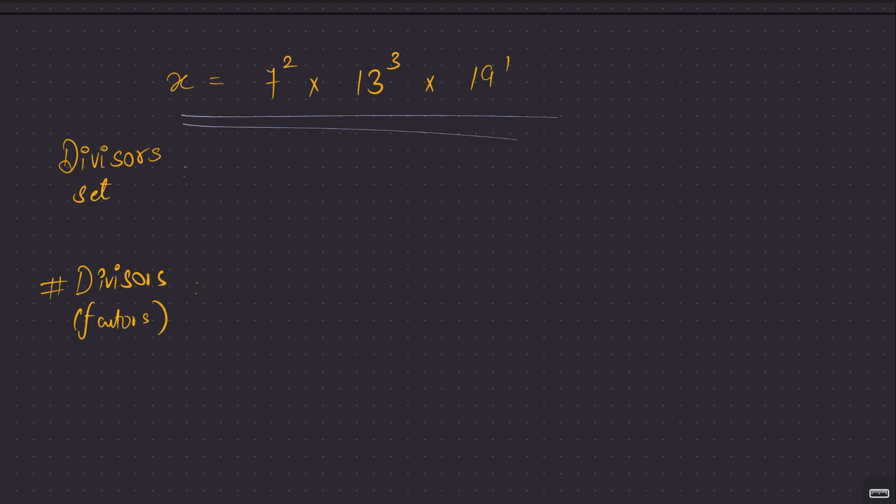Like how do you find all the divisors of this number? How do you form a divisor? Any divisor of this x will be formed by some power of 7 here, some power of 13 here, and some power of 19 here, right? So for example, 7 power 1 into 13 power 1 will be one of the divisors, or 7 power 0 into 13 power 0 into 19 power 1 will be a divisor, right?